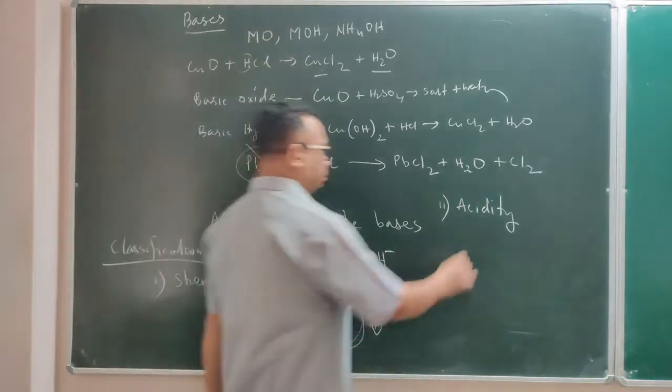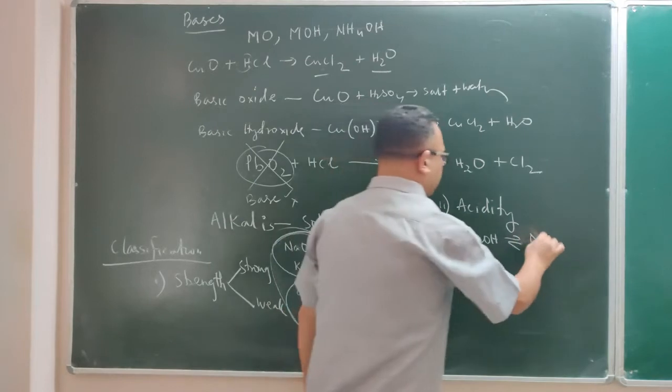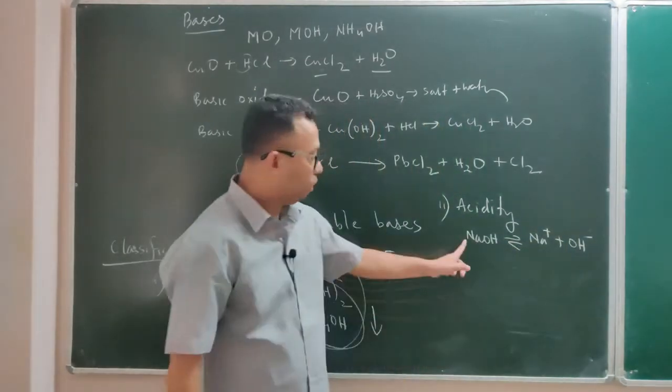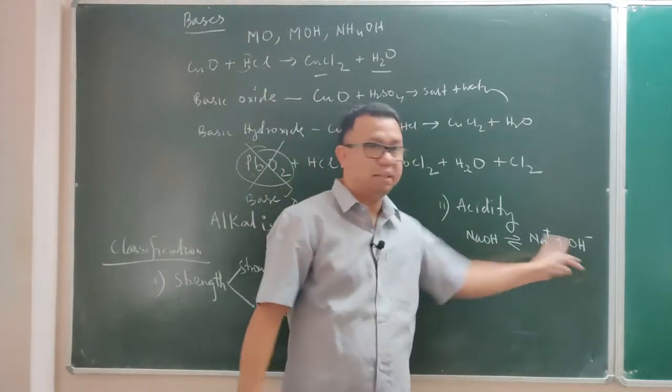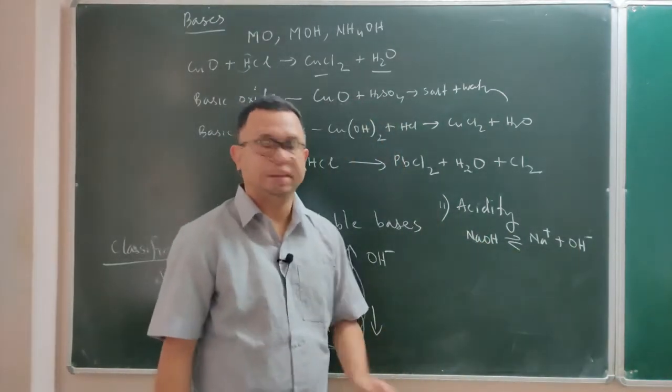For example, when NaOH breaks into ions, it will produce Na plus and OH minus. Now this is a balanced equation. You can see for one molecule of NaOH only one OH is produced. That is why we say the acidity of NaOH is 1, or we say it is a monoacidic base.